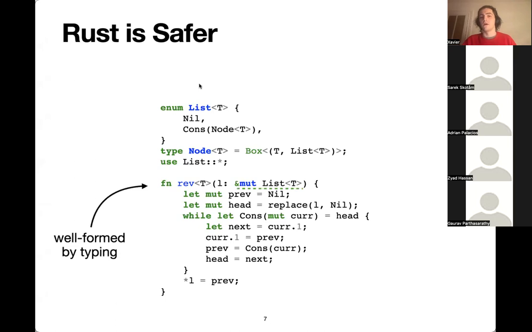We know, for example, that our mutable borrow to a list is going to be non-null. It's going to have a well-formed list behind it. Similarly, we also know that our list is acyclic because we can't construct a circularly linked list without using clever tricks like ghost cell, which is Ralf Jung's paper, or unsafe code.